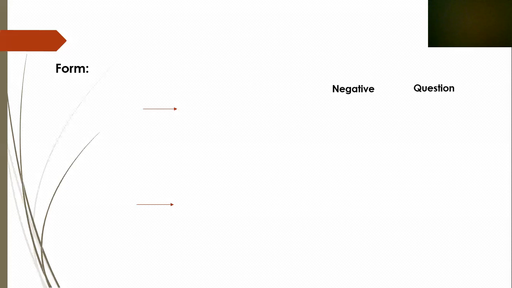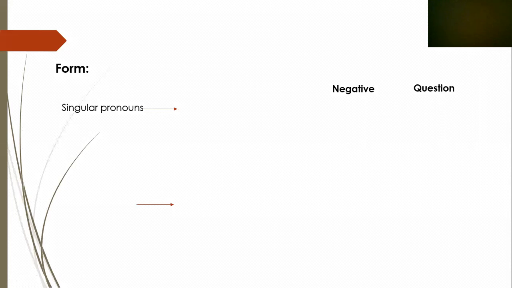Now let's see the form. Here we are going to see what is the affirmative form, what's the negative form, and how to make a question. As we all know, the subjects are usually nouns or pronouns, and the linguists divided them into two parts.